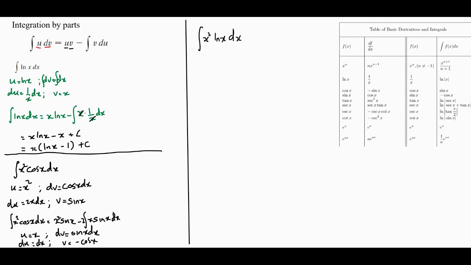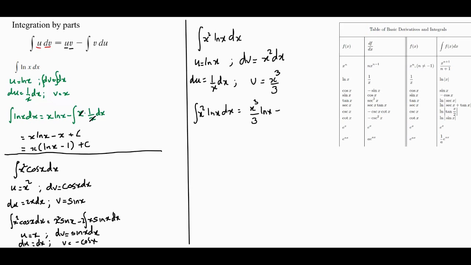So for instance, I'll show you that here, if we were to choose u equals x, see what actually transpires. So v becomes x cubed over 3. And now if I put the integral back together, I get x squared ln x dx equals uv, so it's going to be x cubed over 3 ln x minus the integral of v du.